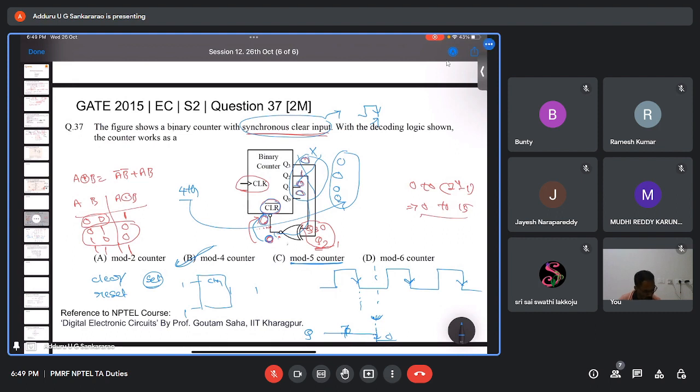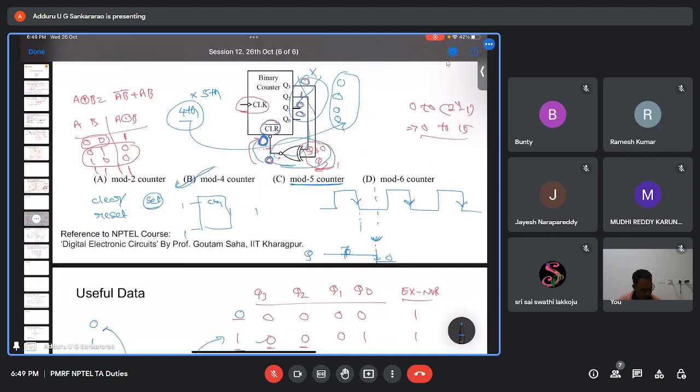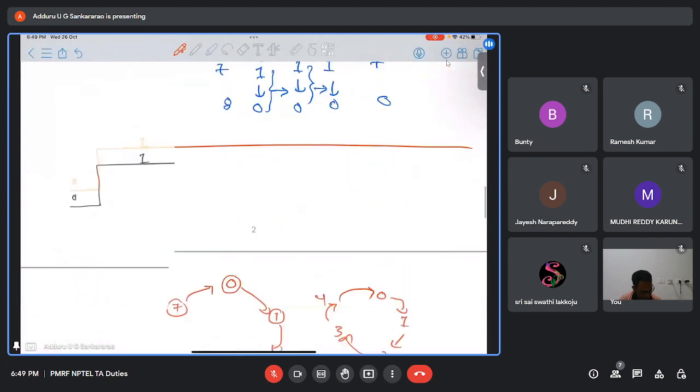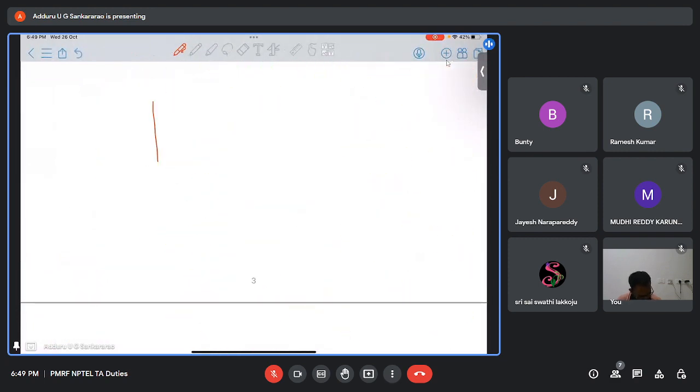Now for this XNOR gate, no need of giving any clock input. So the output of the XNOR gate is 0. Since they said it is synchronous, whenever the next negative edge trigger comes, then only the flip-flops will be cleared. That means when the fifth one comes, then only the flip-flops will be cleared. Okay, got it, got it. Here they have not given the entire circuit, right? Maybe in this it can be something like this.